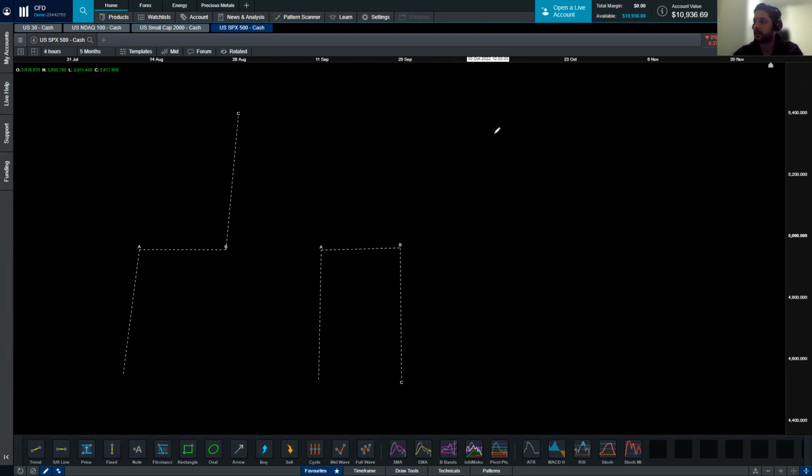Category number three is drop, base, drop, the opposite of the first one. And number four, which is the flip side of the second, is drop, base, rally.